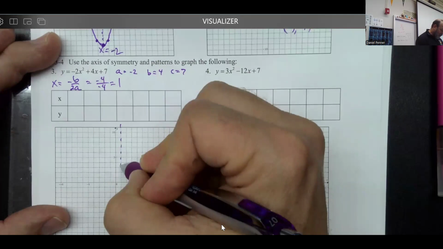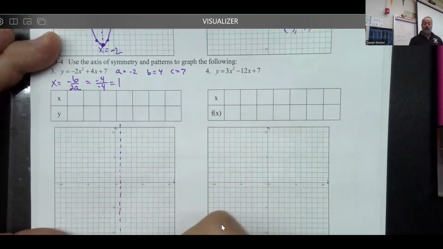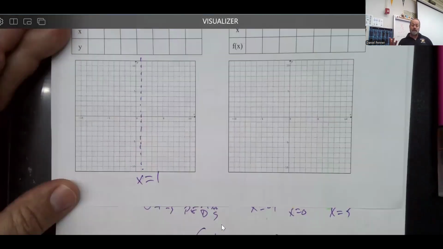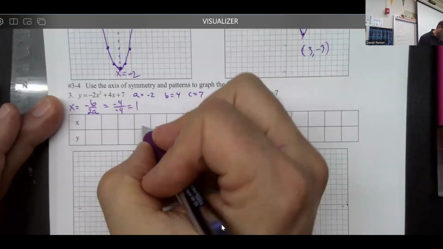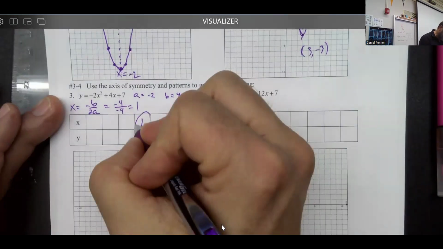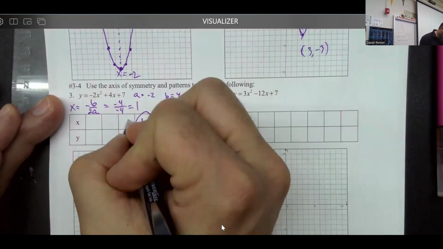Okay, so I always get that number and I immediately throw it on my graph. I make a nice simple dotted line at x equals 1, and then I'm going to center my table right here at x equals 1, which means I'm going to go up from 1 and go down from 1.